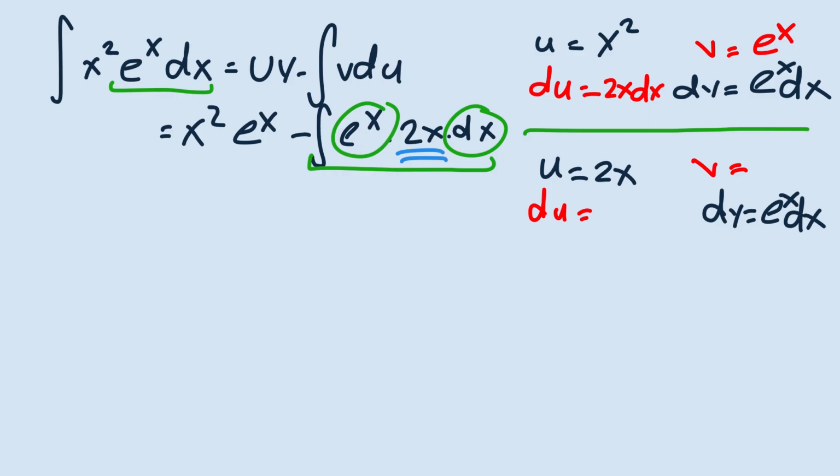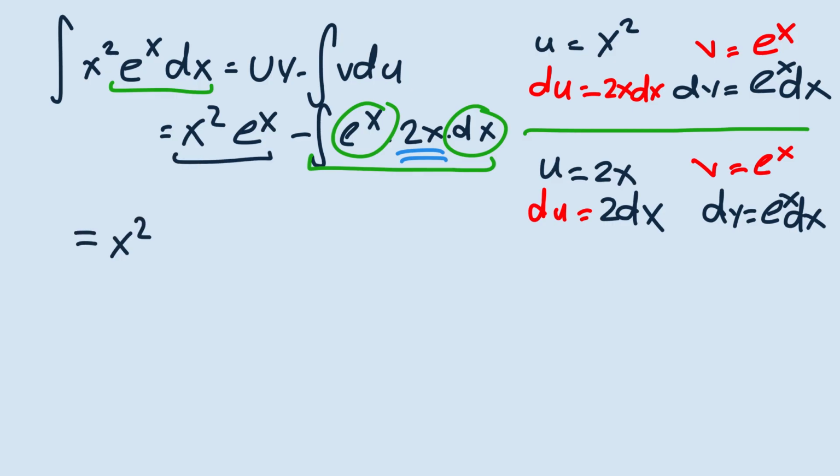Now let us find du, which is the derivative of 2x, which equals 2 dx, and the integral of e^x dx will be simply e^x. Now we have to use the same formula, but let me first copy this part.